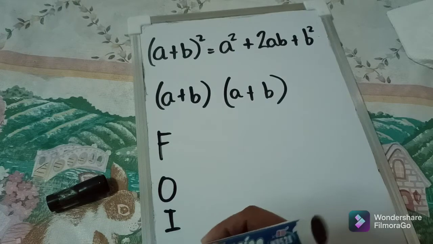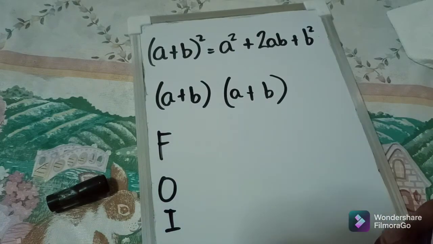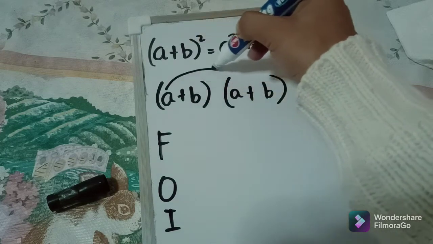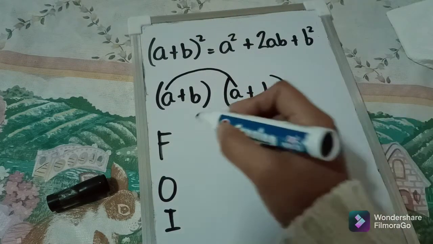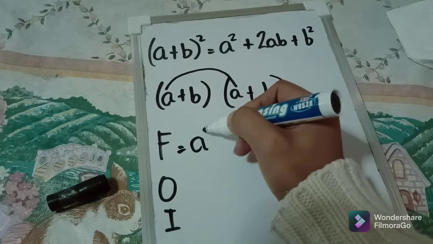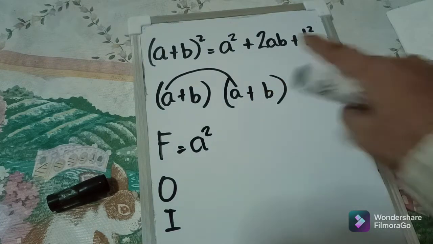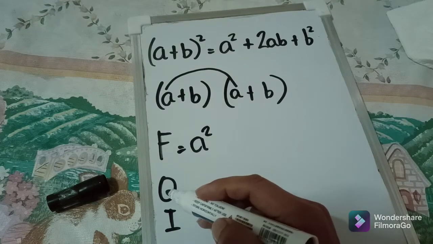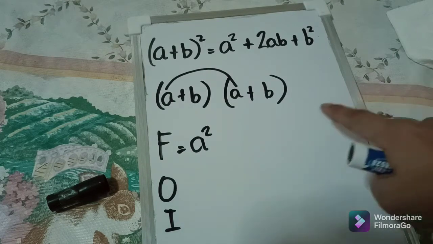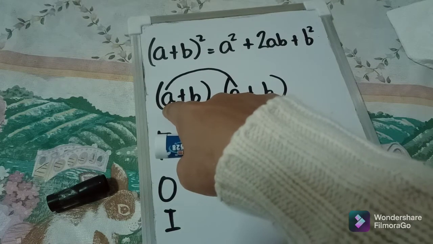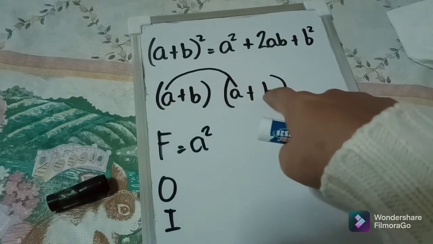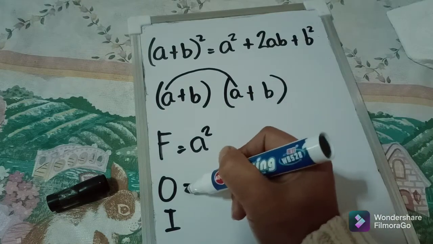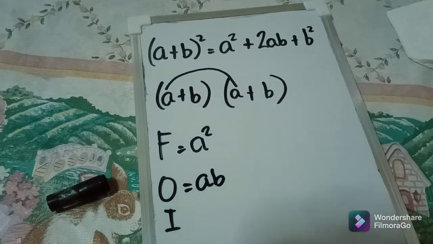The F stands for first terms, so we multiply the first terms: a times a is a squared. The O stands for outer terms, the ones on the outside. So a times b is ab.